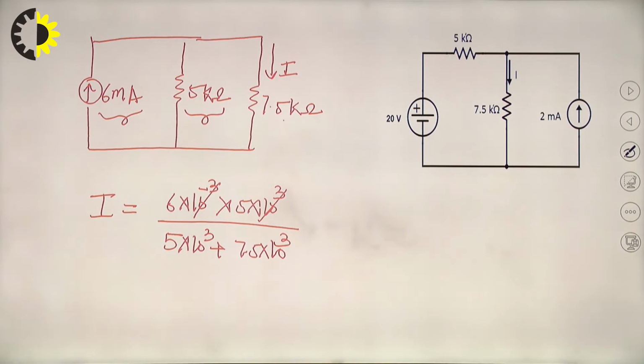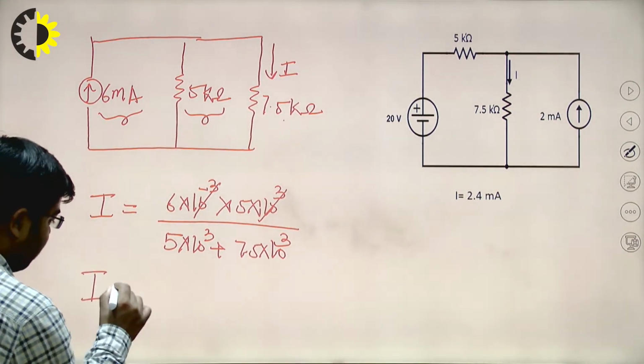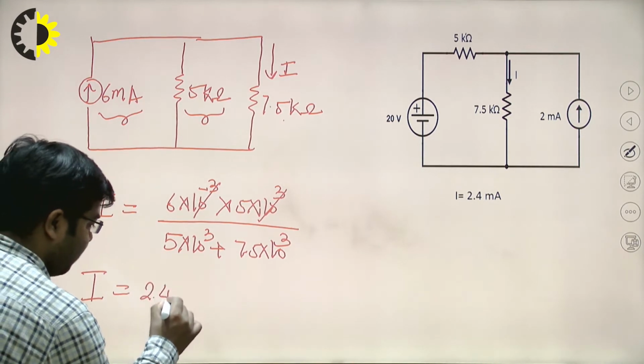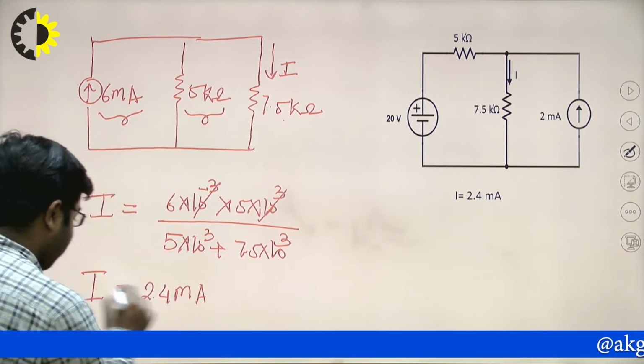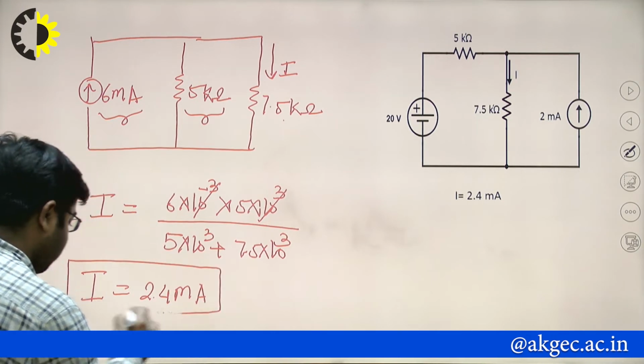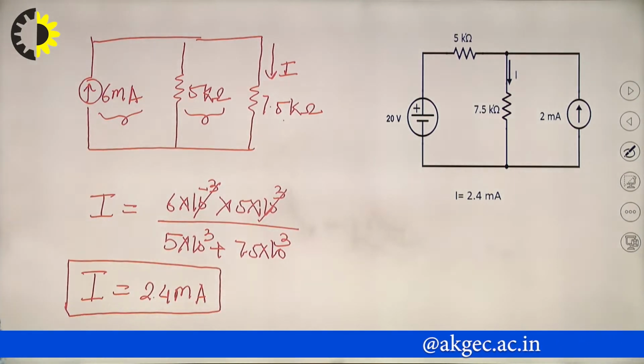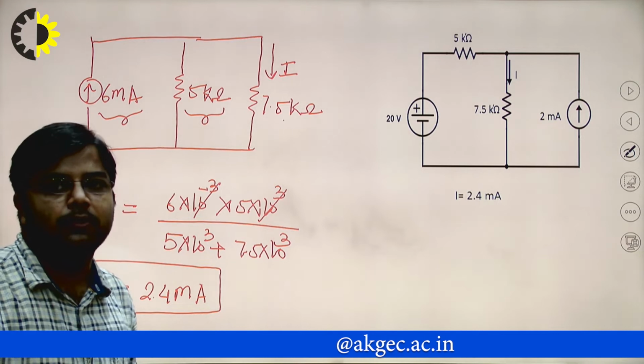So after calculating this value you will get I. So this I is equal to 2.4 milliampere.